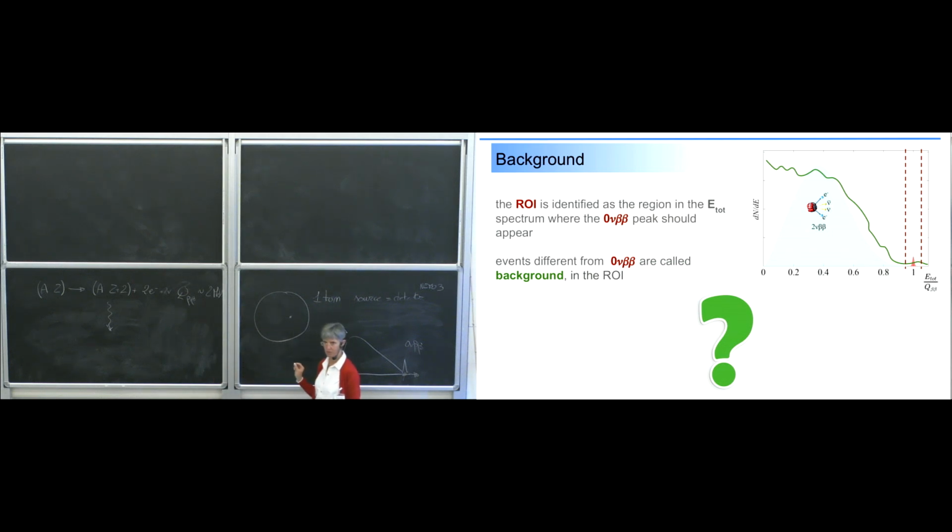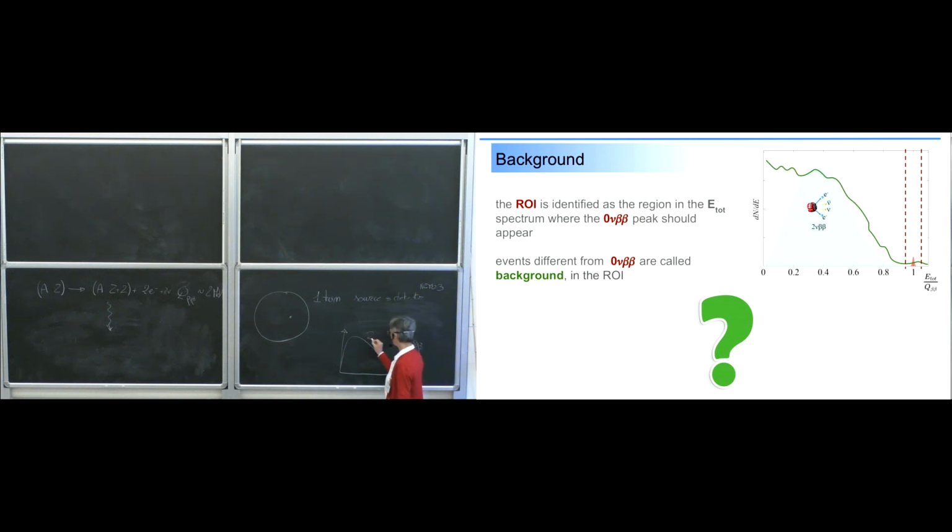The main point is that to claim that you see a double beta decay, you have really to check that the position in which you see this peak is exactly the position corresponding to the transition energy, because with this transition energy, I mean, you have a very narrow uncertainty coming from the nuclear measurements. So in some way, the energy resolution of your detector is important in the identification of the signal.